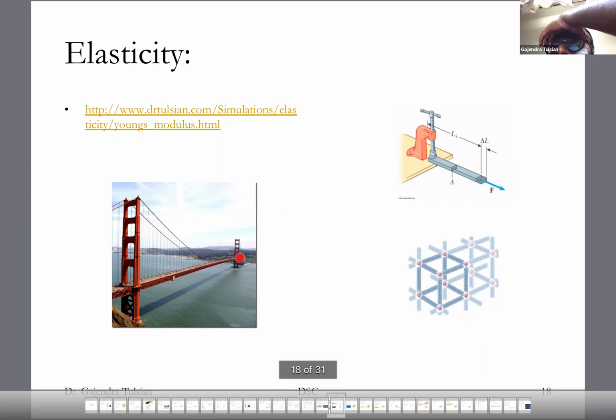And after the load is gone, after the vehicles are gone, you want to make sure that the cable goes back to its original shape. So you want all these cables to exhibit elastic behavior. If, on the other hand, the cable is permanently deformed, pretty soon your bridge will be deformed. And how many times do you want the cable going back to its original shape? Millions and millions of times. So you are interested in structures exhibiting elastic behavior in some of the things that you build.